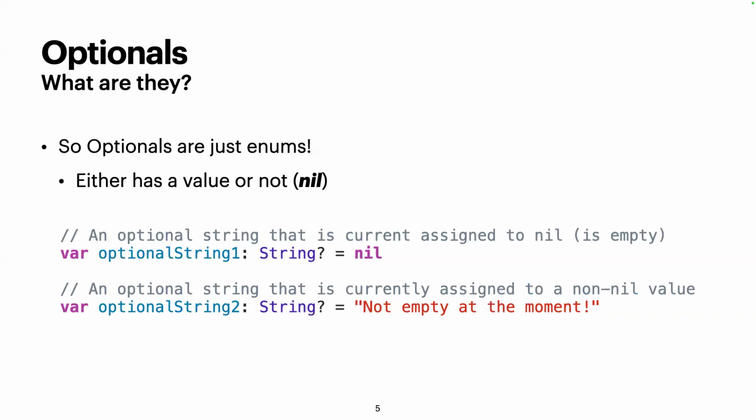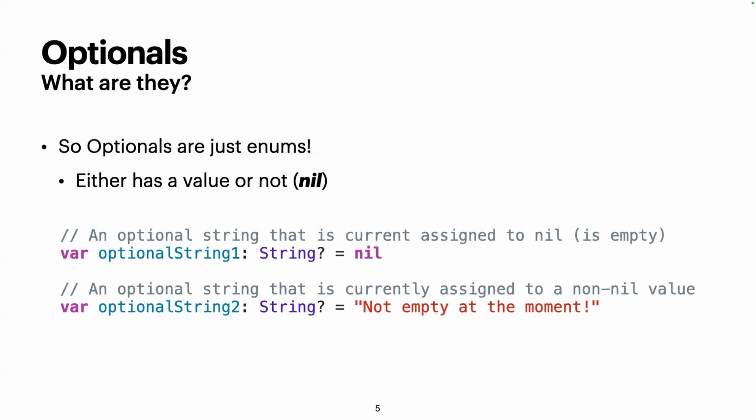So here we have a variable called optionalString1, and its type is not just a string anymore. It has a string question mark. This type is an optional string. And we assign this case the value of nil, right? But in this case, it's a different variable, but still an optional string, and the value assigned to it is an actual string.